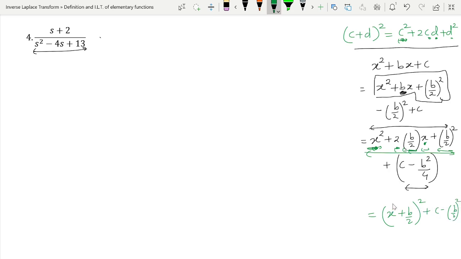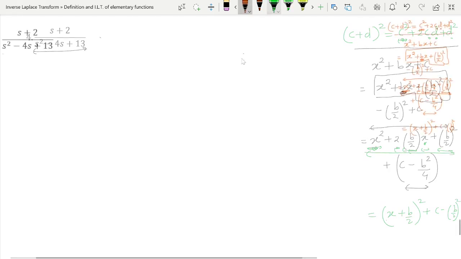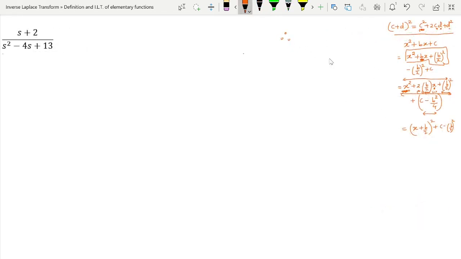Okay, so let me write this formula in a proper way. Therefore, what we have proved, this x square plus bx plus c can be written as x plus b by 2 whole square plus c minus b upon 2 whole square.